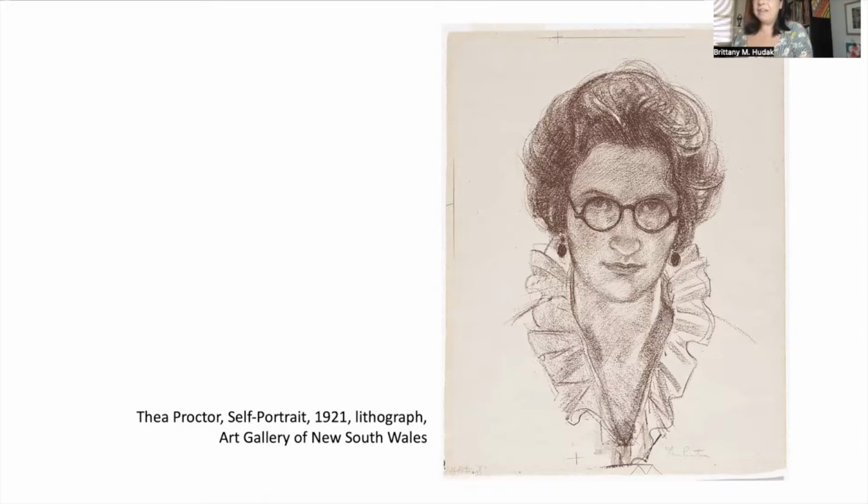Historians have said she was, quote, associated with the artist George Lambert, also another male artist, Sidney Long, but also Eunice Graham and Margaret Preston. For much of her life, Thea Proctor lived between Australia and the UK and was leading a very active social life wherever she was based, often situating herself within queer artistic circles.